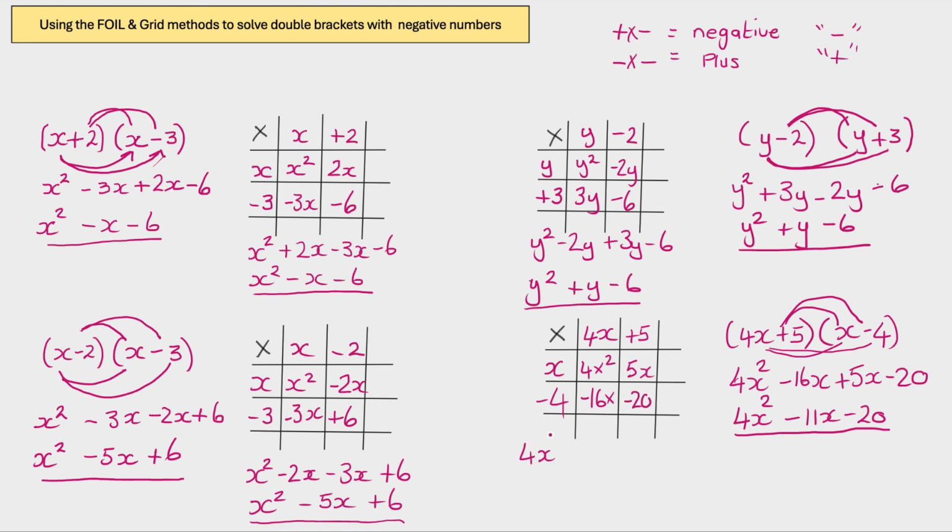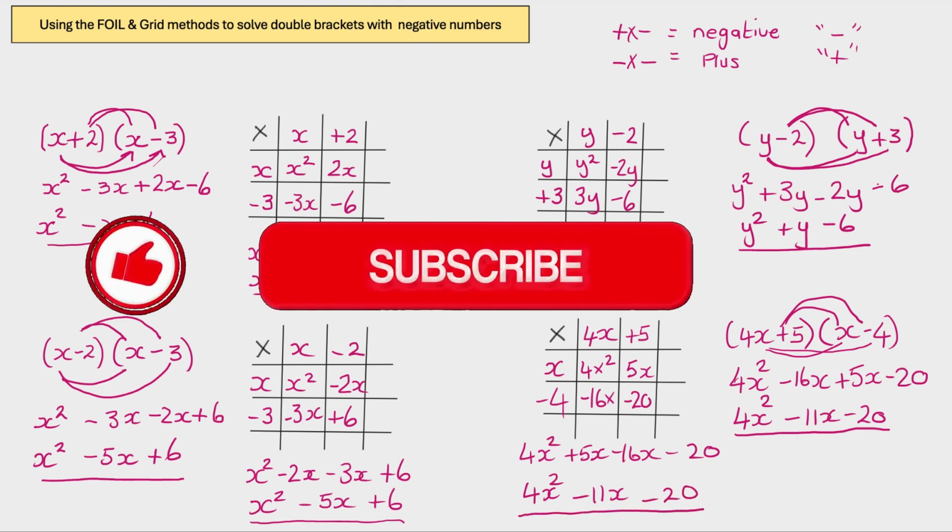Remember the biggest at the top, at the front. 4x squared plus 5x minus 16x minus 20. Collect like terms and simplify. Gives you minus 11x minus 20. Hope that helps.